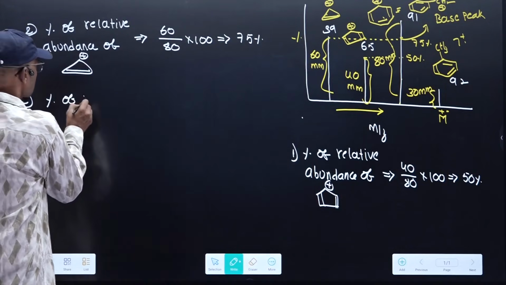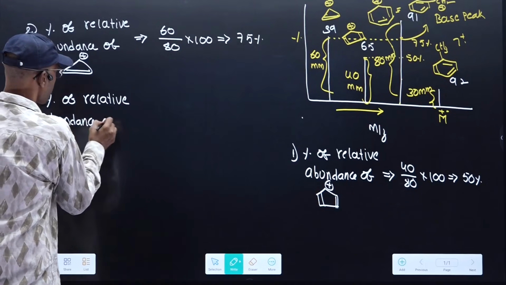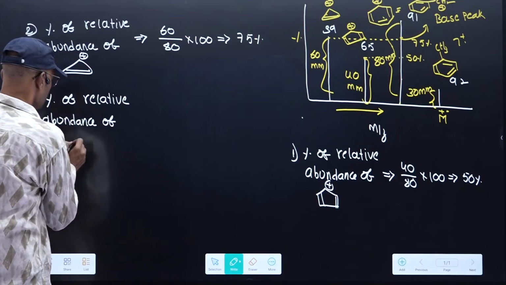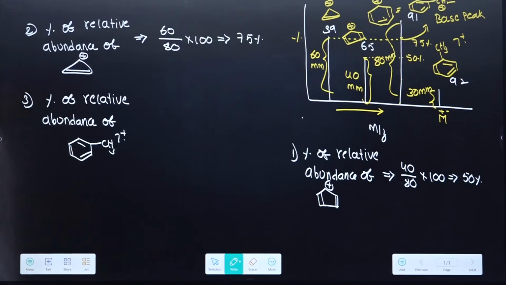Next, the last one: percentage of relative abundance of toluene, the molecular ion of toluene. How much?